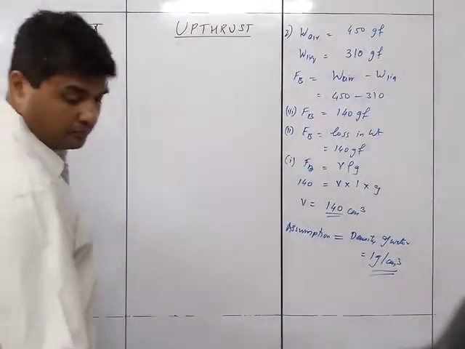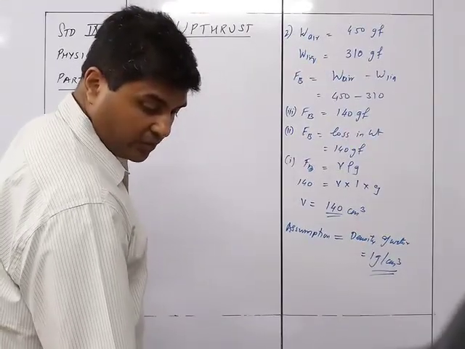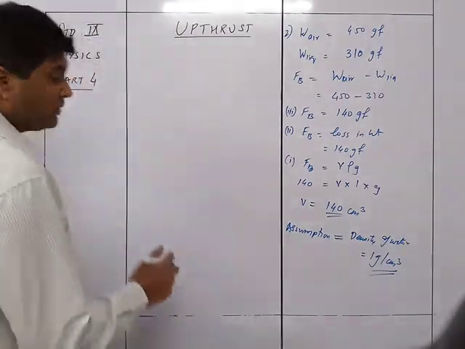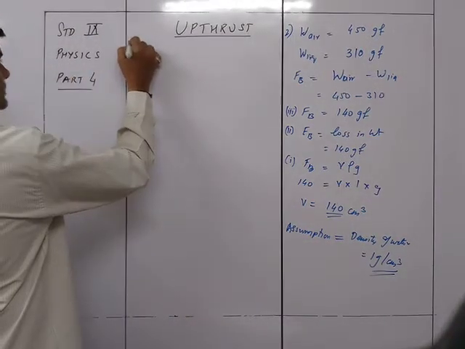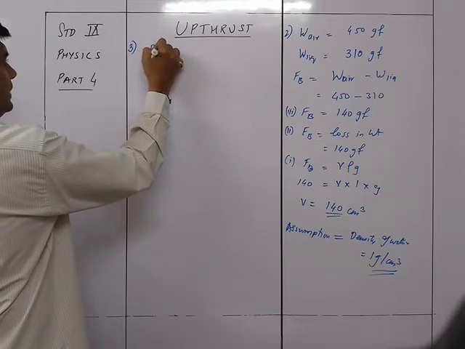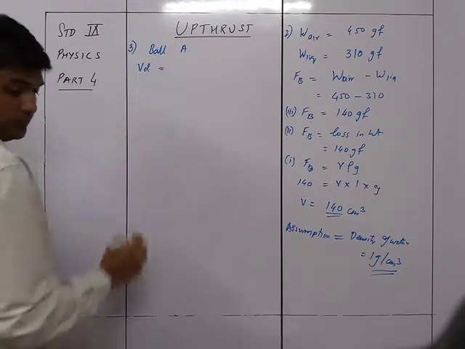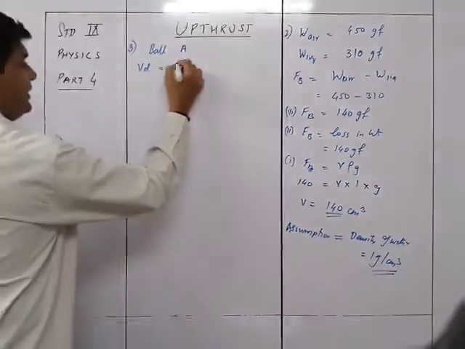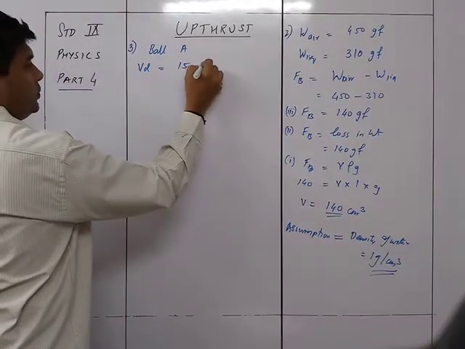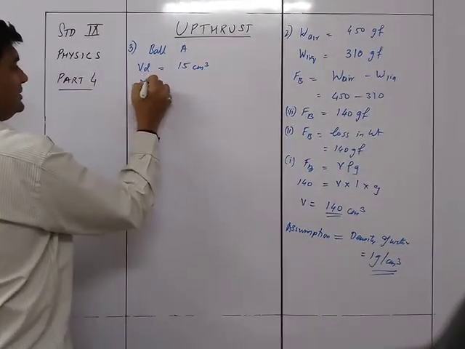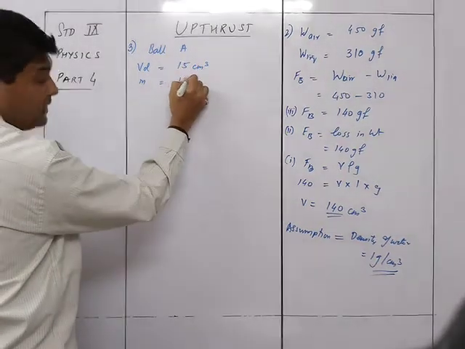So, we got over here first of all the volume and mass of the ball A. For the third part we got ball A. Volume is equal to 15 centimeter cube. Mass is equal to 12 grams.